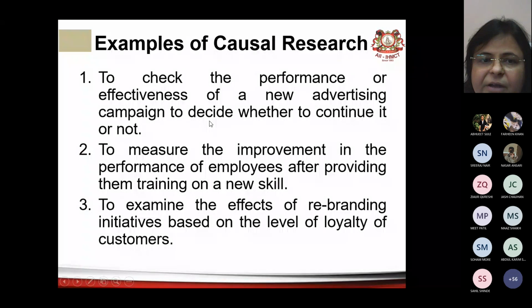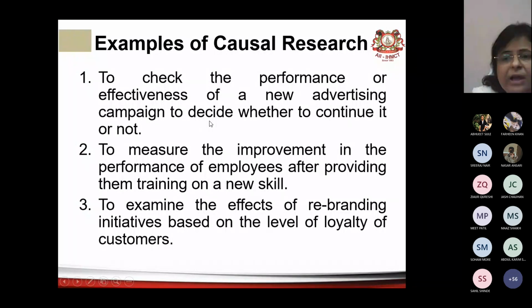More examples. To check the performance or effectiveness of a new advertising campaign to decide whether to continue or not. So you see all these advertisements. When I had done my thesis, one of the things was that the advertisement of Maharashtra is not that catchy. At that time MTDC was talking about Madhuri Dixit, and how Amitabh Bachchan was there for Rajasthan and others.